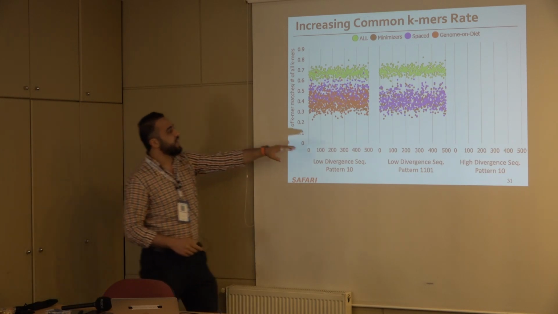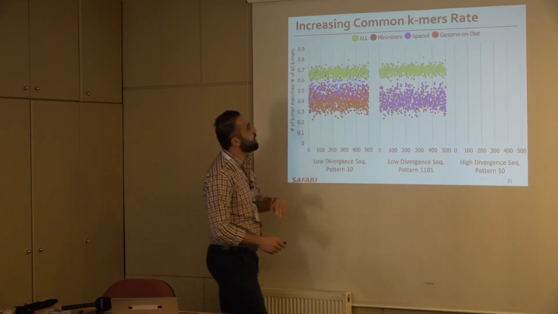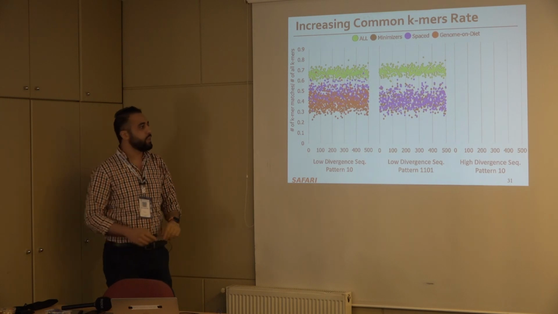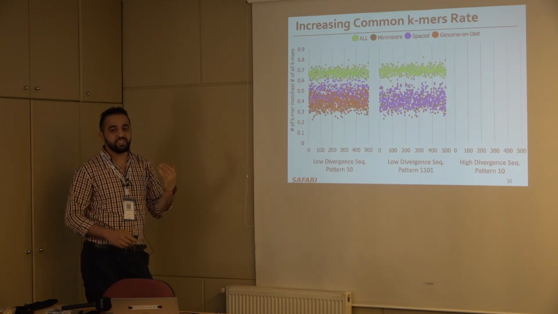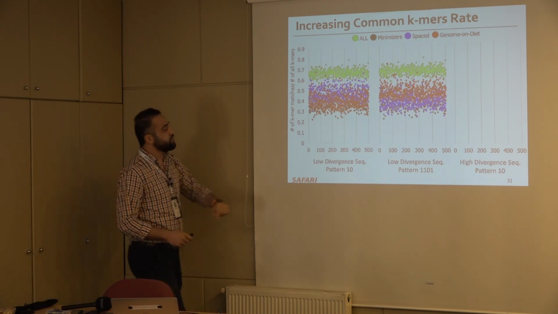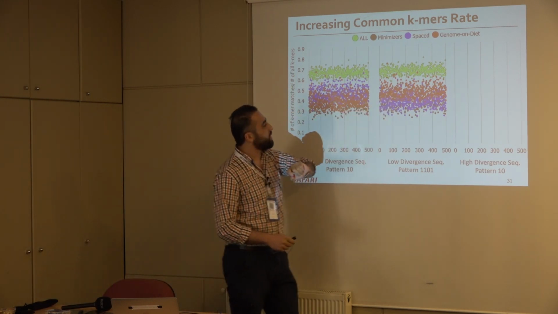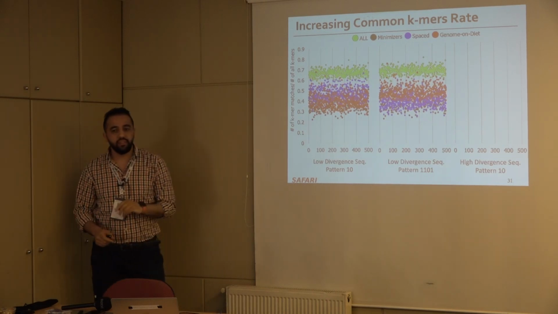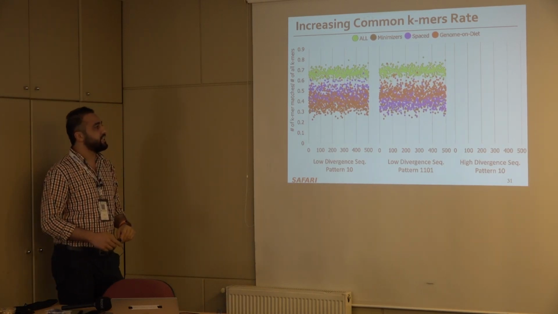However, the spaced seed ratio now dropped. It is now very similar to the minimizer because all the seeds receive the exact same pattern that we got from the user. Now in GenomeDiet, you can see an increase in the number of matching seeds because of that.